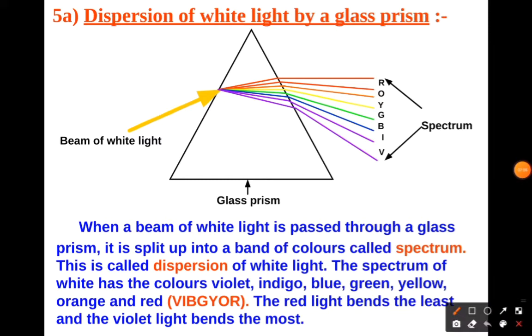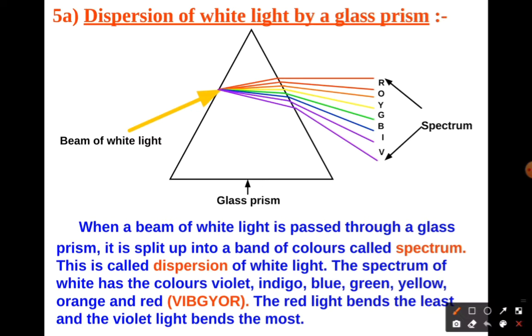Yes, it enters a glass prism, a denser medium, and gets deviated from its path. The two inclined surfaces of the prism can be shown, and many interesting phenomena appear here. For example, in the year 1665, the scientist Sir Isaac Newton was the first to discover a very interesting phenomenon.